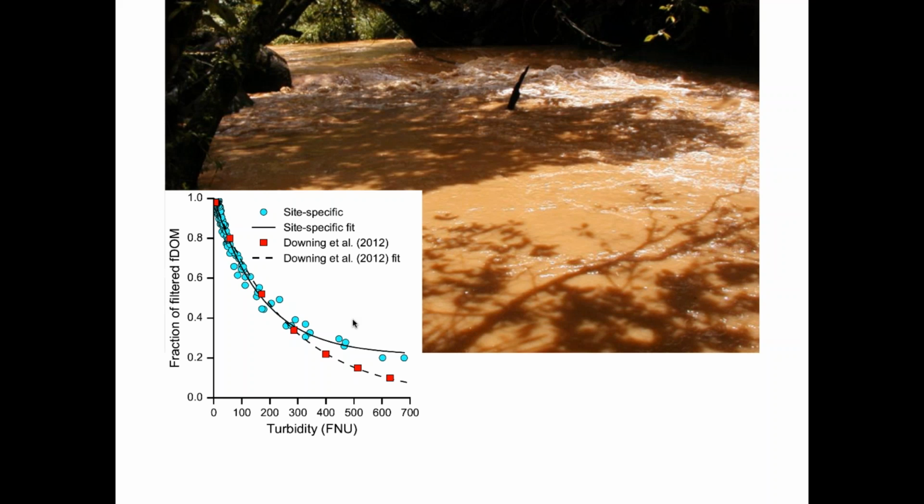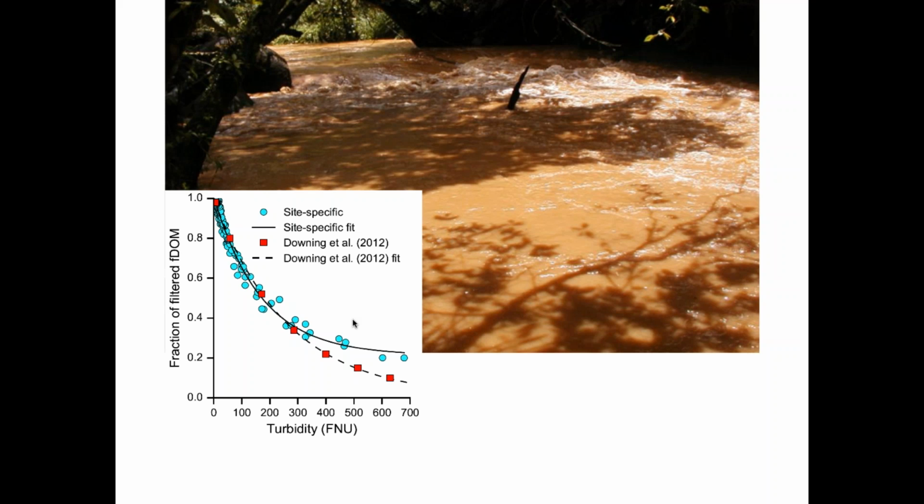But our data are the... I'm sorry, yeah. So the red are the Downing data based on laboratory experiments, and the blue data are the data that we collected at ICACOS from a filtered and unfiltered experiment.